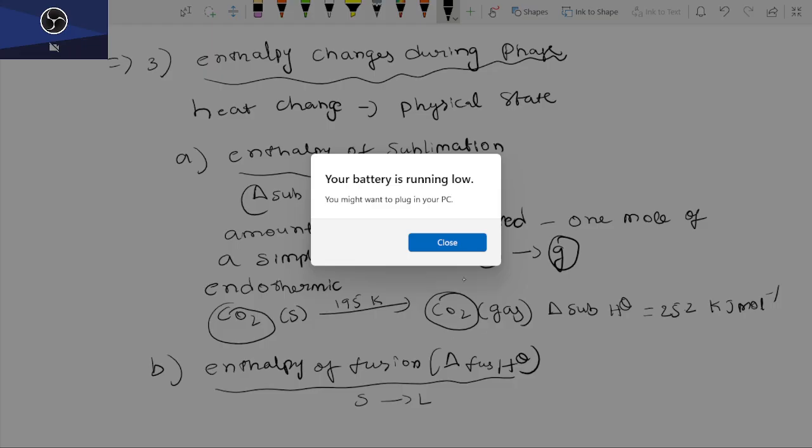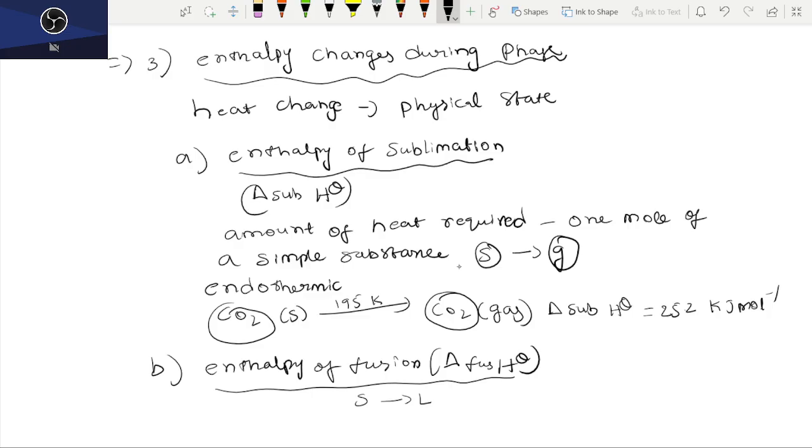It is known as enthalpy of fusion. It is an endothermic reaction. Example, H2O in the solid state should be converted into H2O in the liquid state, where ΔfusH° is plus 6 kilojoules of energy required.